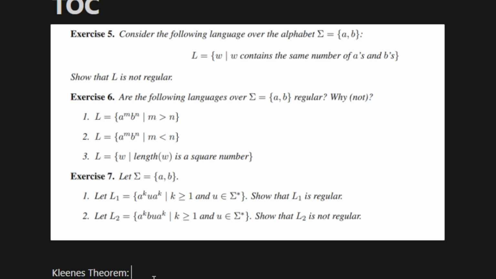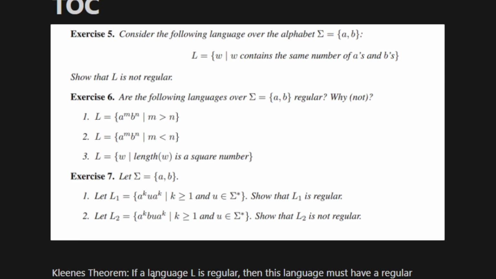So to define Kleene's theorem, what we would say is that if a language L is regular, then this language must have a regular expression that will recognize this language and a DFA, or a deterministic finite automaton, that will accept or recognize this language.